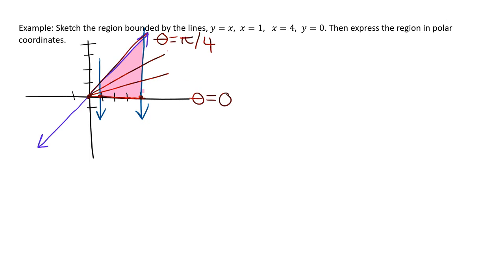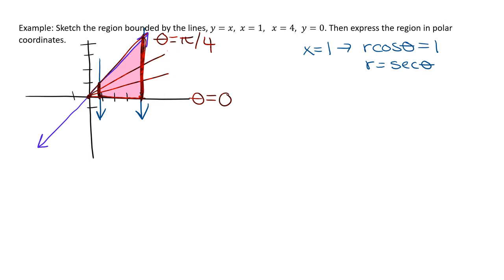And so the first thing I notice about the rays that I have drawn is I started by drawing a line with an angle of 0. So theta starts at 0. And then I'm going to stop up here, and the line y equals x makes a 45-degree angle with the x-axis. So I stopped at an angle of pi over 4. So this region can be comprised of angles that run between 0 and my 45-degree angle, or pi over 4. So those are my angles.